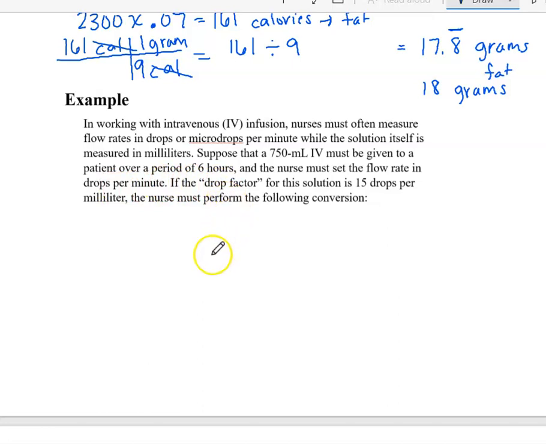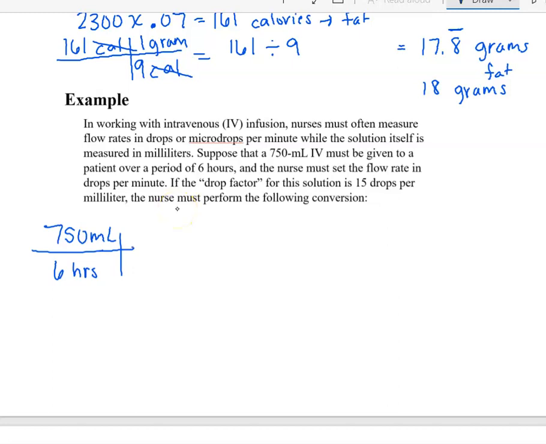The nurse must perform the following conversion. So we're starting out with 750 milliliters, and we're supposed to give that to the patient over 6 hours. Okay, so what are we trying to figure out? So it says if the drop factor for this solution is 15 drops per milliliter, the nurse must perform this conversion.